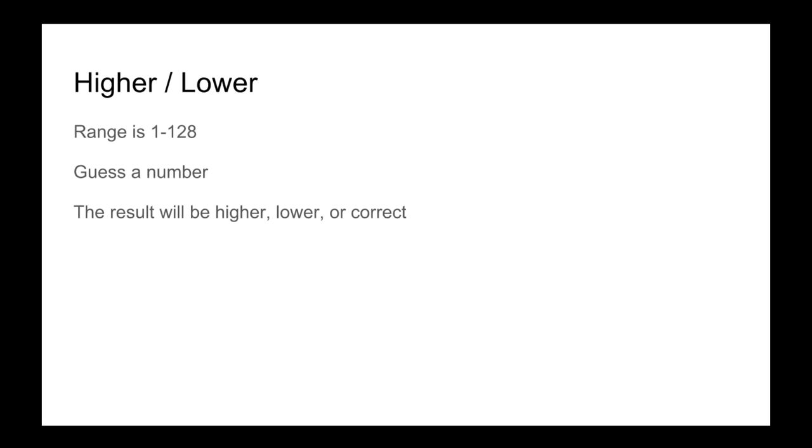Now, how can we get rid of the most amount of wrong answers without wasting time? If we guessed, say, 127 and the result was lower, we've eliminated one number and we've kept 126.